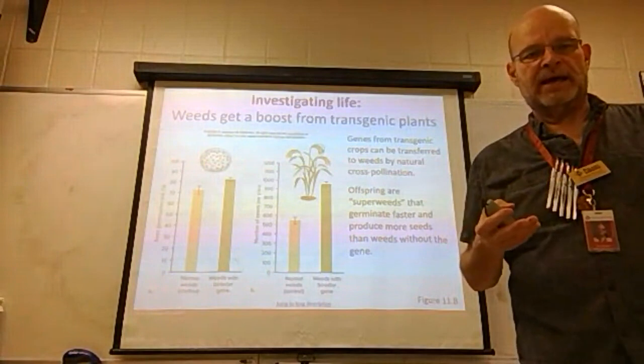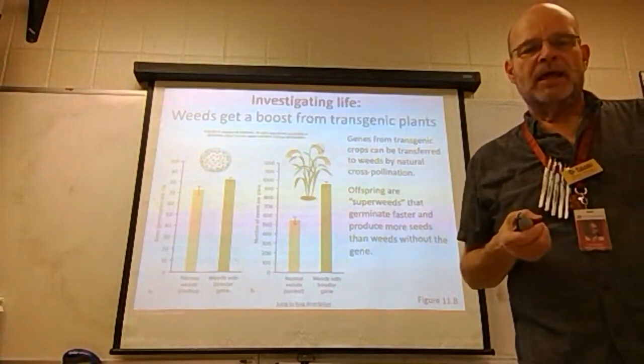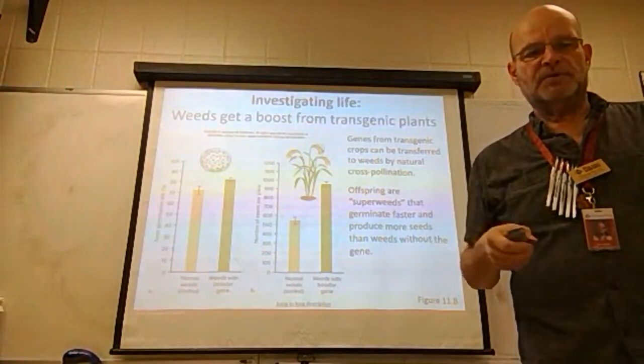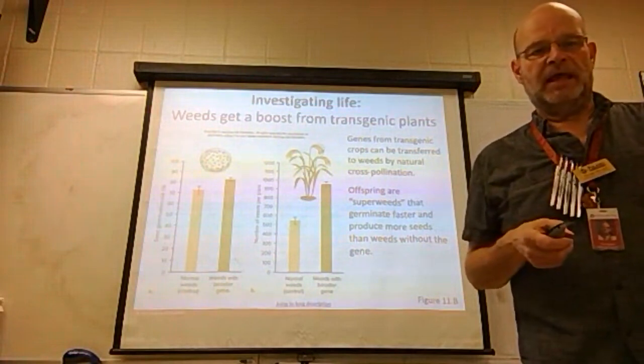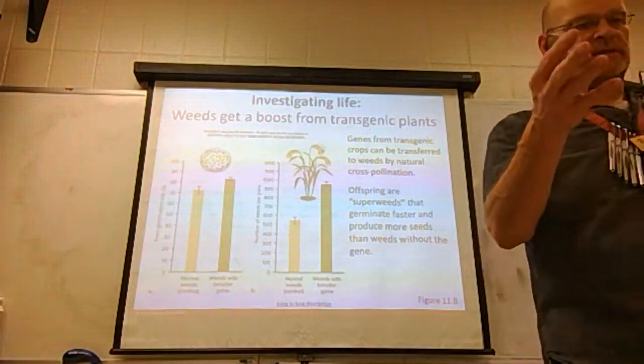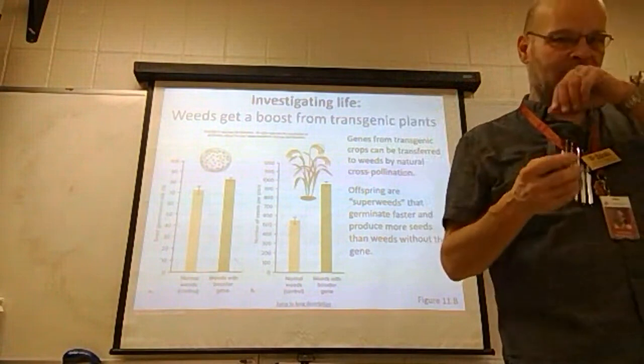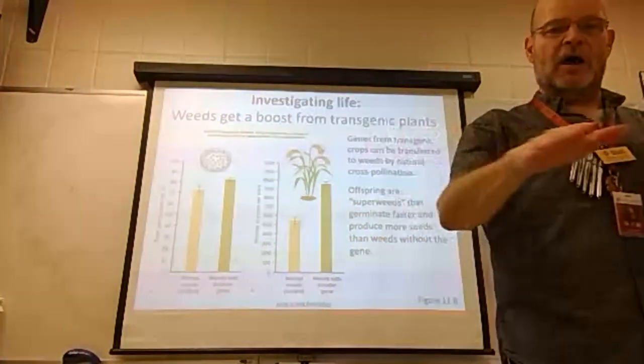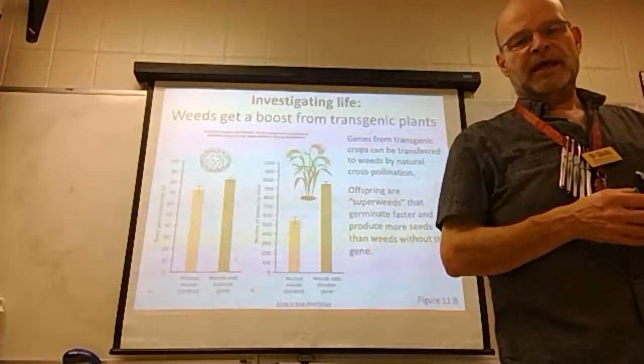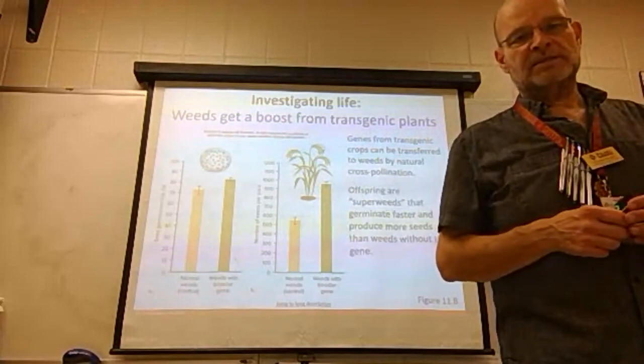Roundup's the number one herbicide on the planet, I would guess. But you can spray Roundup on this particular type of soybean and it doesn't kill it. So if you've got all of these weeds growing around your soybeans, you can just fly a crop duster over, drop Roundup on it, and it kills everything but the soybeans.